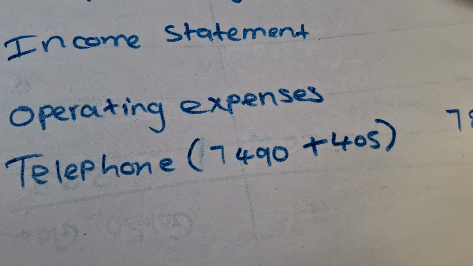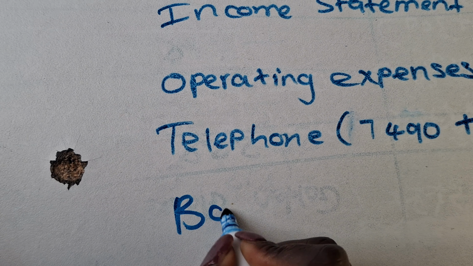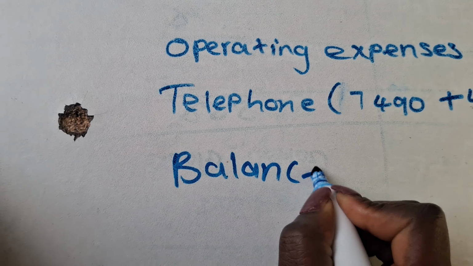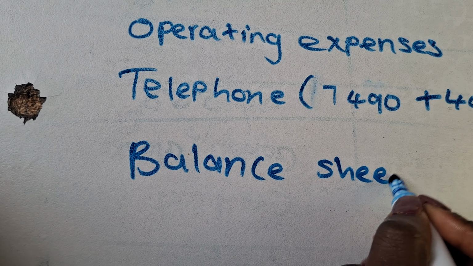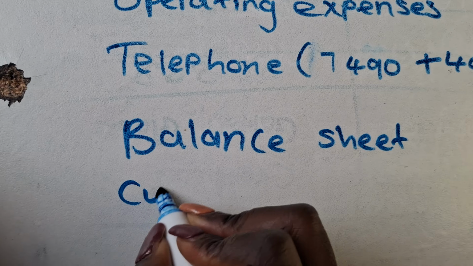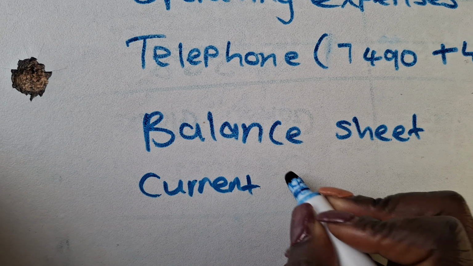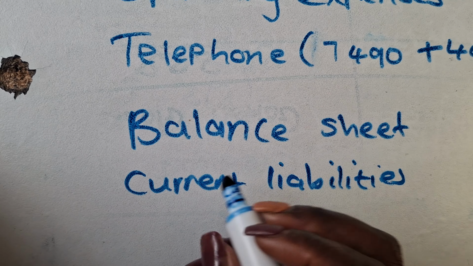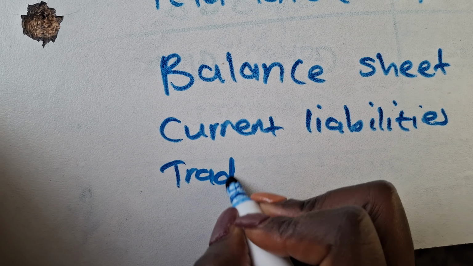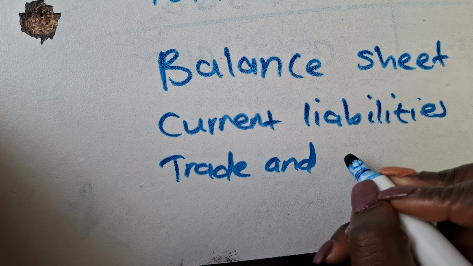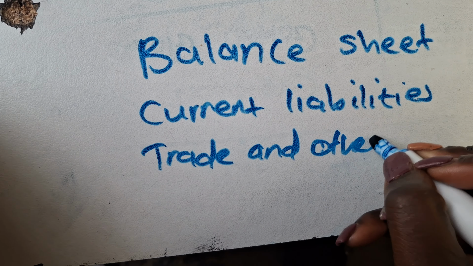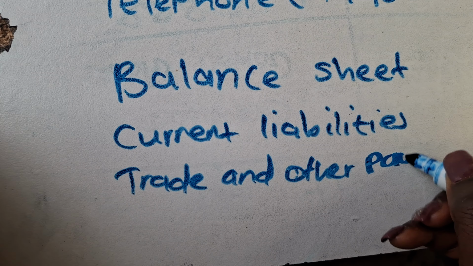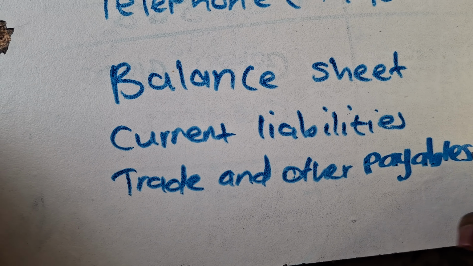So in your balance sheet now, you will record it under current liabilities, under trade and other payables, right?